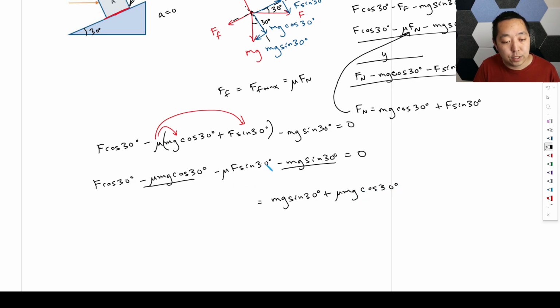And then what's left is these two terms where we can factor out an F: cosine 30 degrees minus mu sine 30 degrees. And then we'll just divide this over.